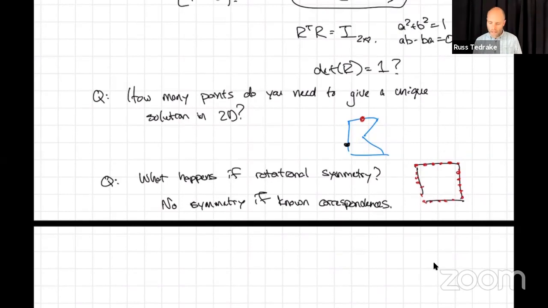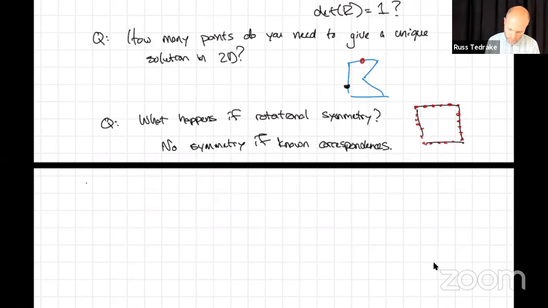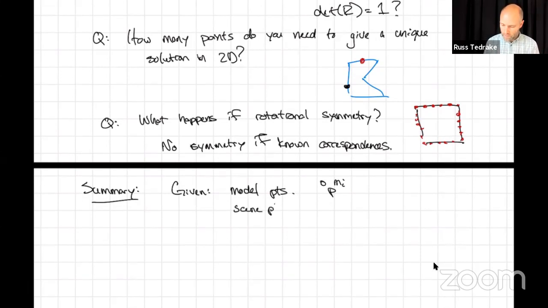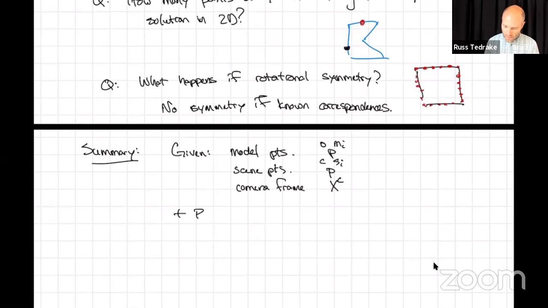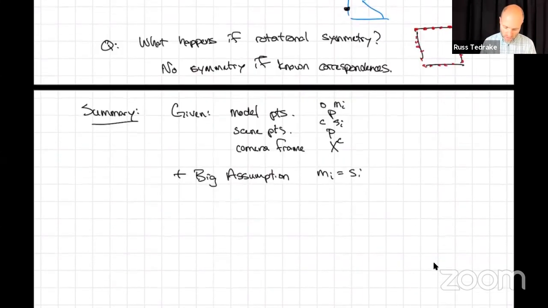All right, so what have we got now? The summary, which I hope we can get and you feel good about here. If I give you a bunch of model points in the object frame, if I give you scene points in the camera frame, for instance, and I give you the camera frame, and if I make a big assumption that mi equals si, then I can solve for this optimization.